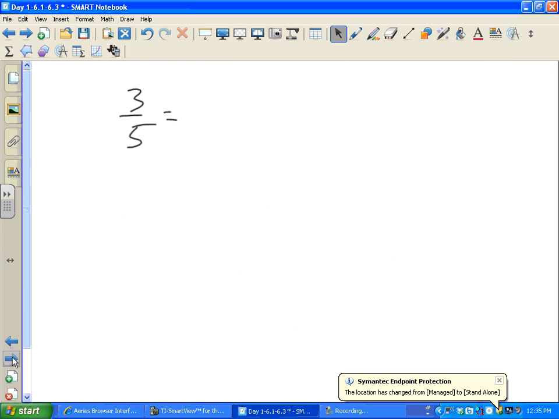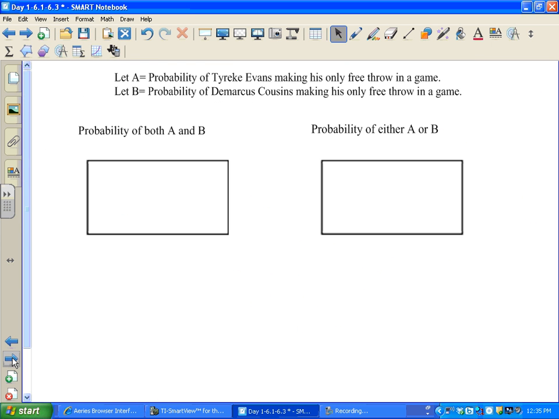I'm just going to draw some pictures now. Probability of both A and B. Probability of both A and B. We call this an intersection. If that's event A, that's Tyreke making his free throw. That's event B, that's DeMarcus Cousins making his free throw.